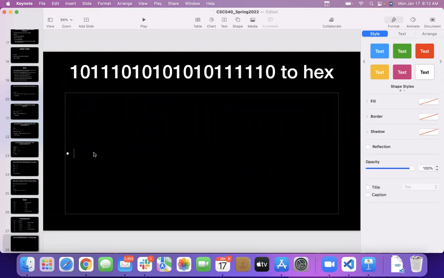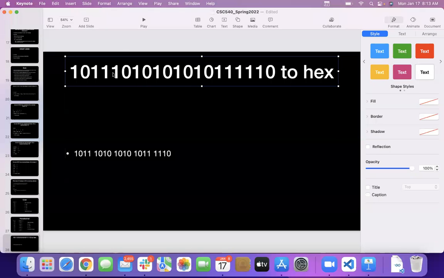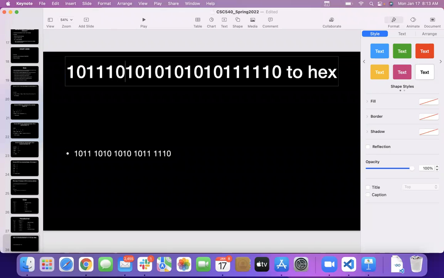One thing you have to do is break it into 4-bit chunks, and you need to start with the right-hand side, because anything on the left, you'll see. I'm hoping that I didn't give it equal space. Of course I did. Let me just tap a couple other ones in there. There we go. We're no longer even.